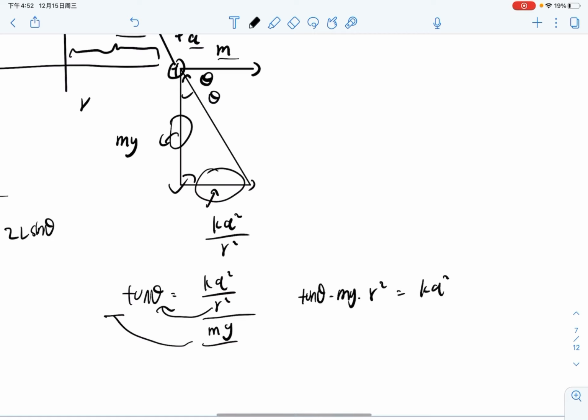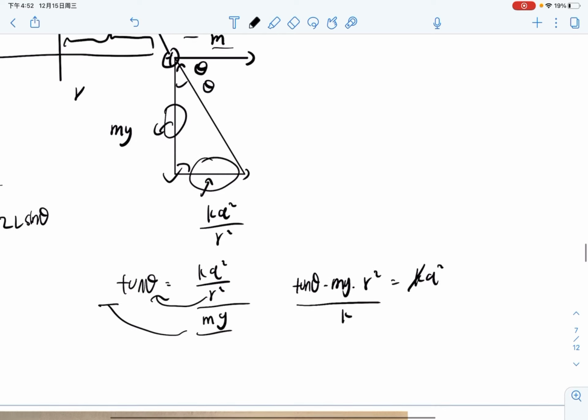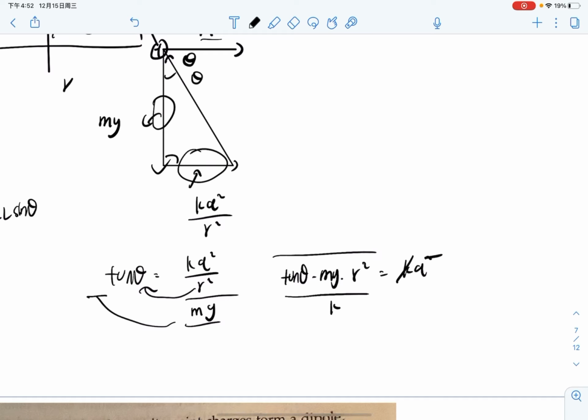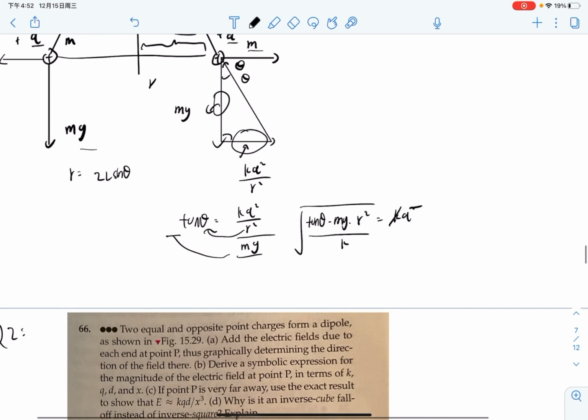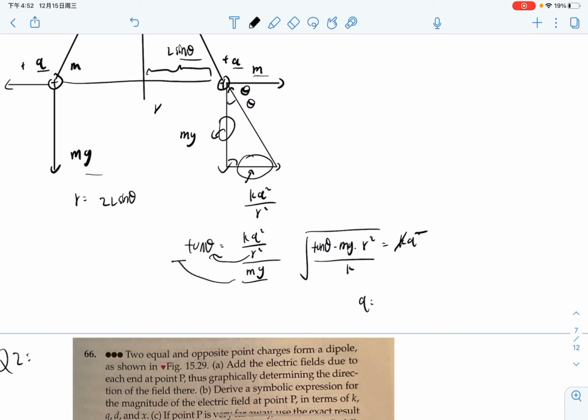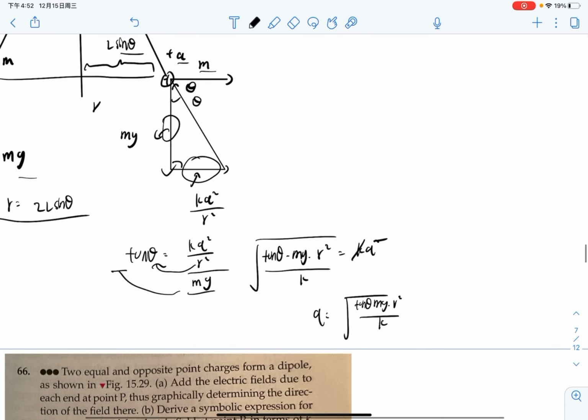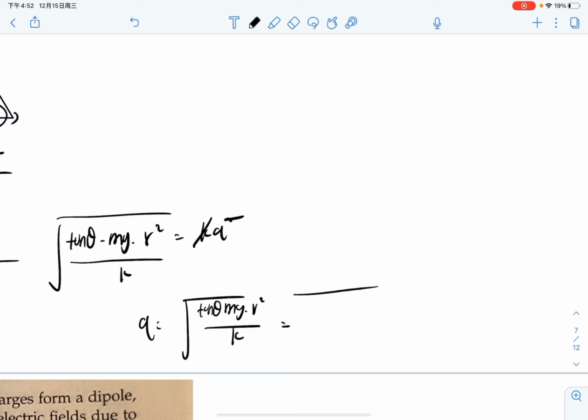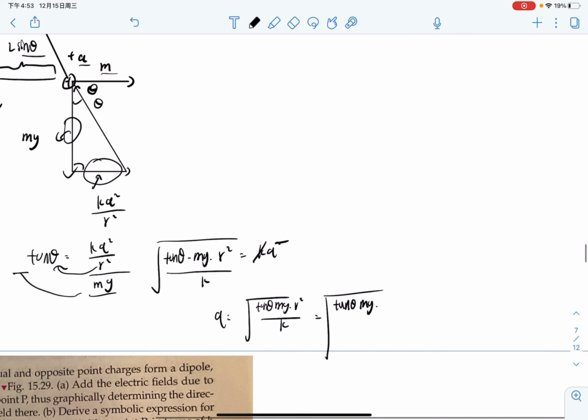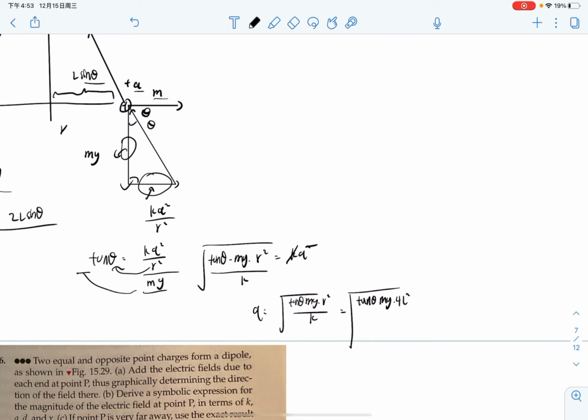Divide by k to that side, and take the square root of both sides. Now you can find the charge of the particle: q is equal to the square root of tangent theta times mg times r squared divided by k, where r is equal to 2L sine theta. Plugging in, q is equal to the square root of tangent theta times mg times 4L squared times sine squared theta divided by k.